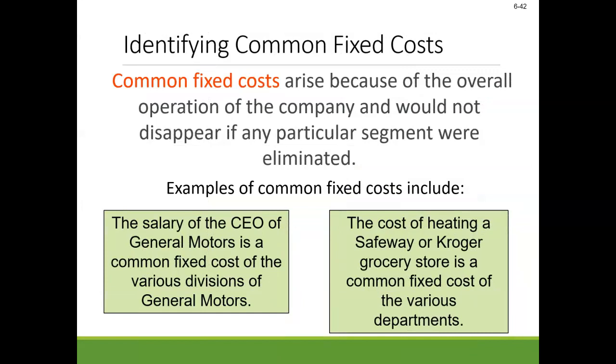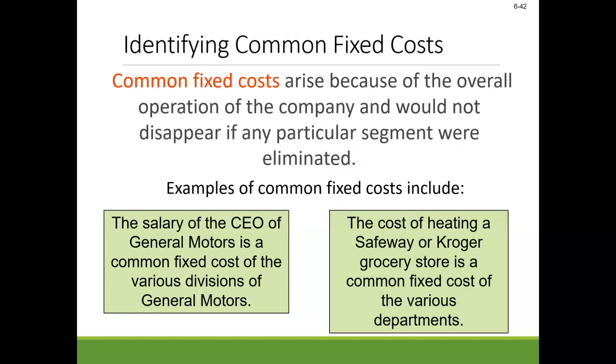Common fixed costs aren't going to go away because we get rid of a segment. So common costs arise because the overall operation wouldn't disappear if any particular segment gets eliminated. So the salary of the CEO of General Motors is going to be a common cost.